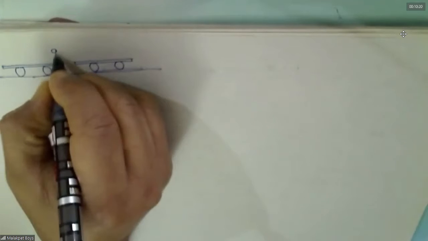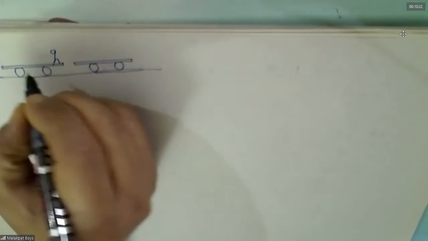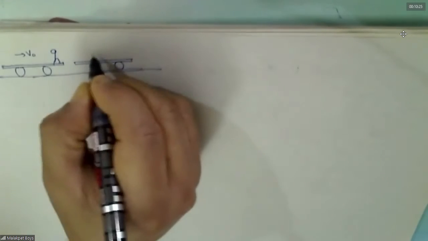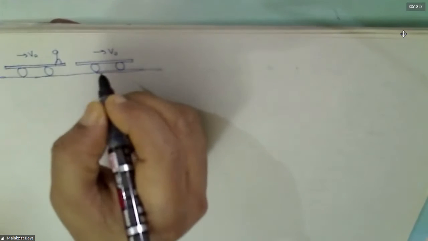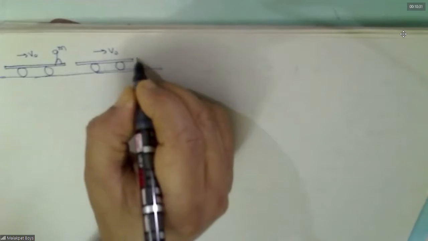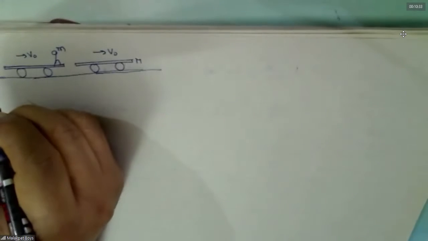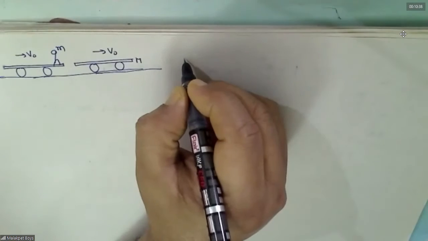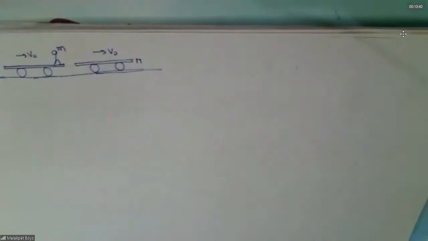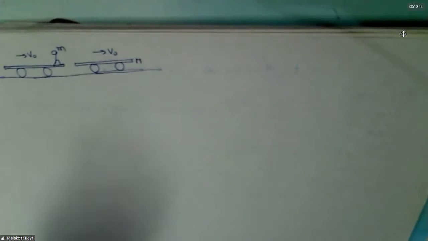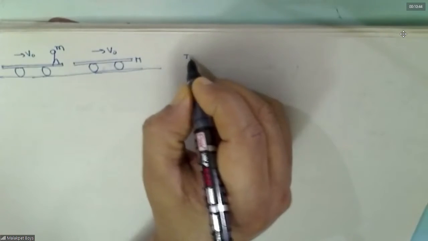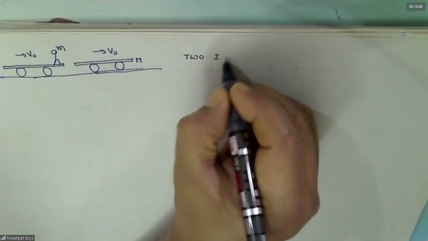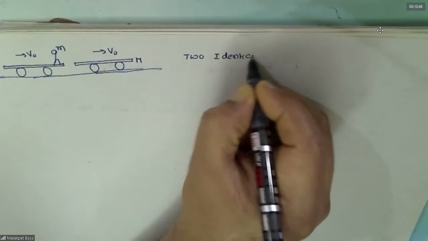Buggy means bogies. See, they're moving like this, each one with velocity v naught, mass m. Two identical buggies.